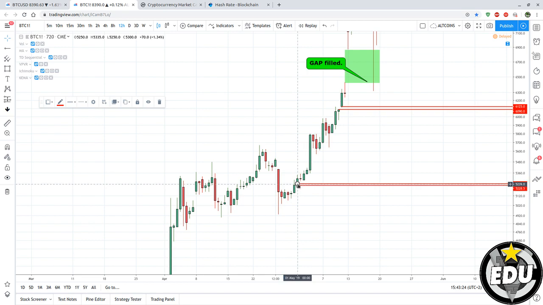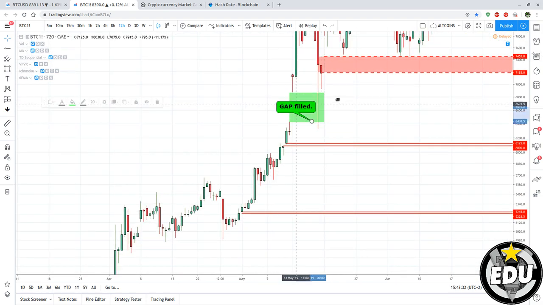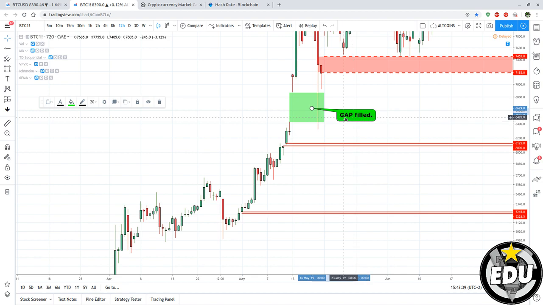There's not a massive gap that counts like the one you can spot even on the weekly, like this one. Like a demand zone, if you have a small demand zone, you might have a reaction not as strong as a massive demand zone that you spot in the chart.